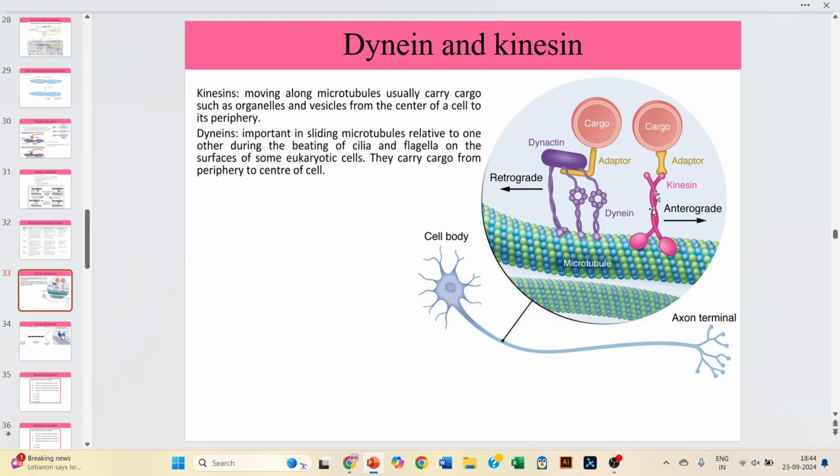Kinesin moves from the cell body to the axon terminal and carries cargo in this direction. This is called anterograde, that is, in the forward direction. Now dynein moves along the microtubule and carries cargo from the axon terminal to the cell body. So this is traveling in the retrograde direction.